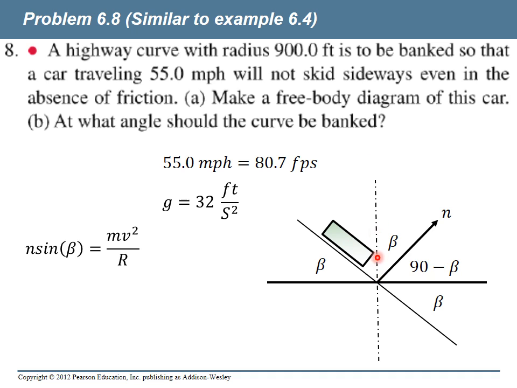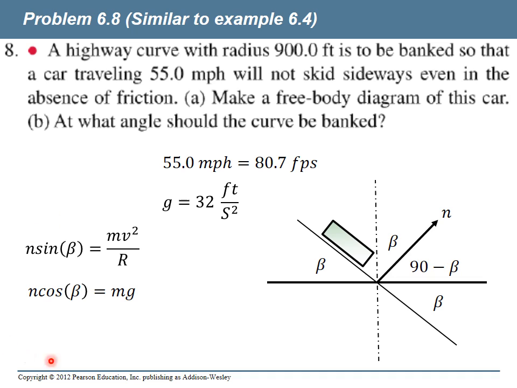That's what we're going to use to balance out the weight, because it's not accelerating into the curve at all. So this one is N cosine beta, right? So the normal force times cosine beta has to be equal to our weight. So we have N cosine beta is equal to mg.